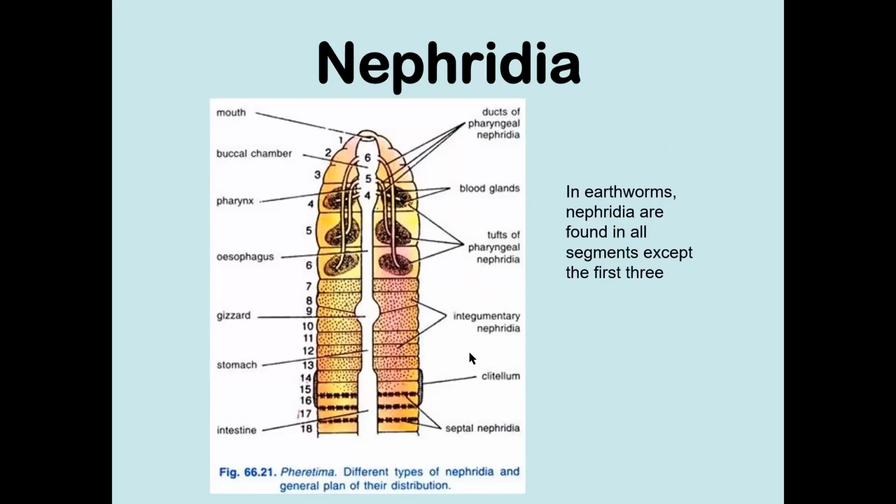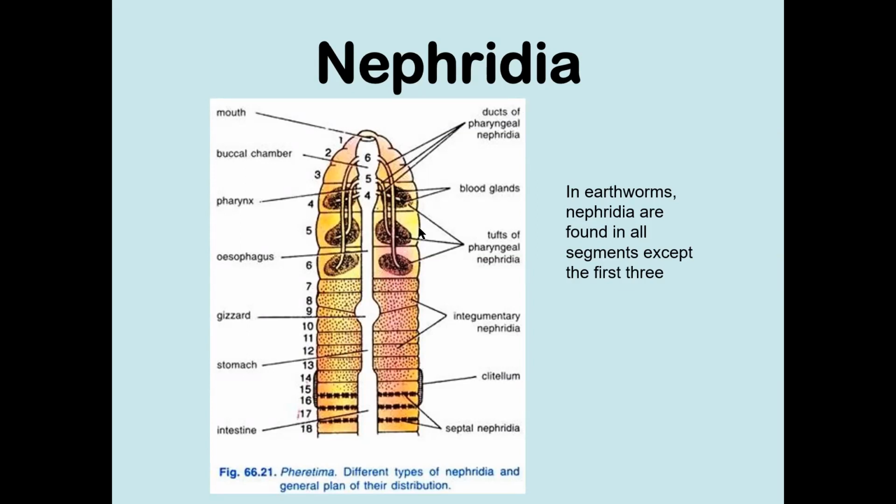And this is just an example, of course. So you've got blood going through. Here are the nephridia there. They're the ducts, okay? And the first three segments of the mouth, they don't have those.